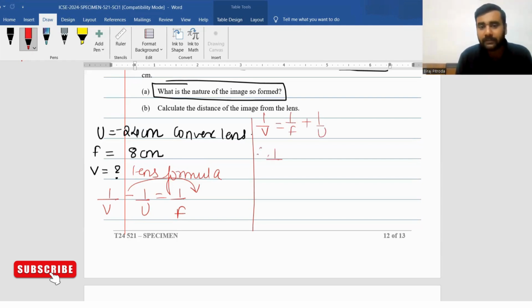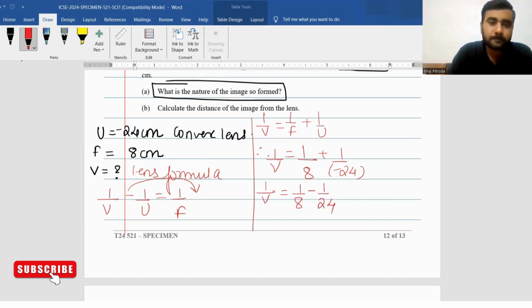The values given to us are f, which is 8, and u, which is minus 24. I shift that negative sign to the numerator, which gives me 1/8 minus 1/24. Since the denominators are not the same, we'll have to take the LCM. So the LCM is 24, 8 into 3, and this will become 1.